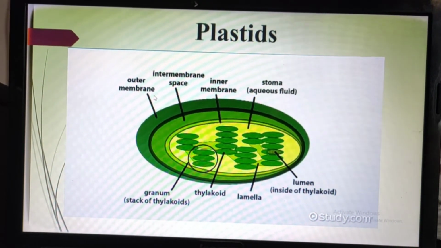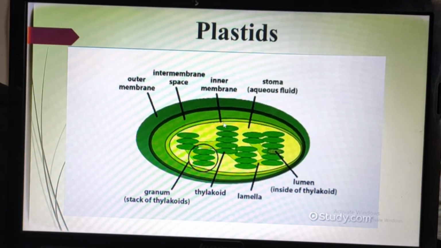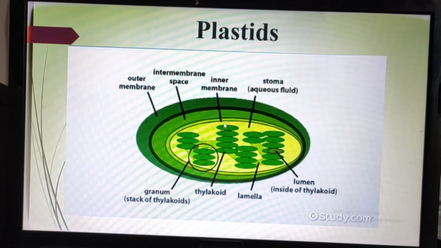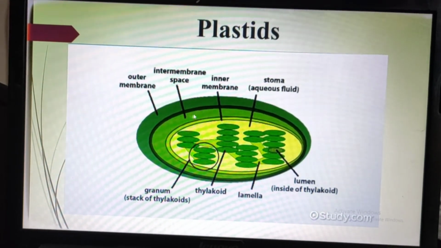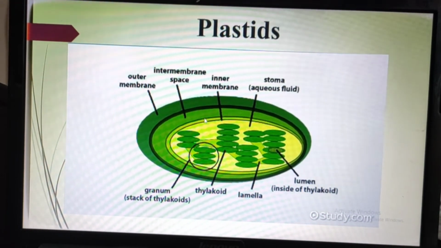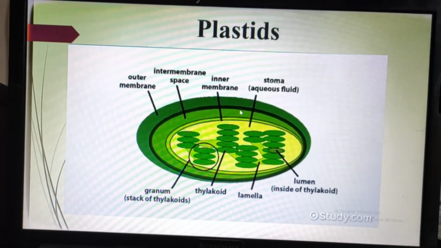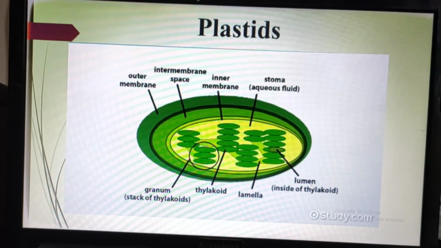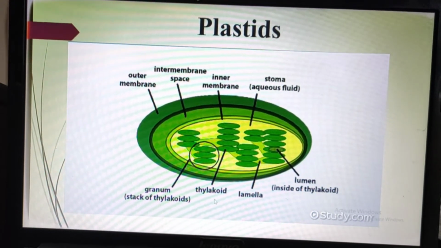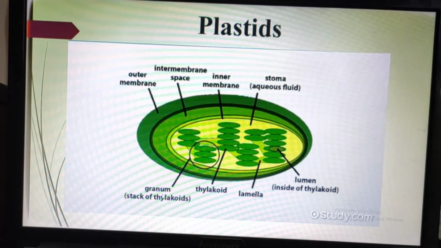This is the outer membrane and this is the inner membrane, and they are divided by the intermembrane space, exactly as in mitochondria. And you can see here the stroma is present, lumen present, lamella present, thylakoid present, granum present.